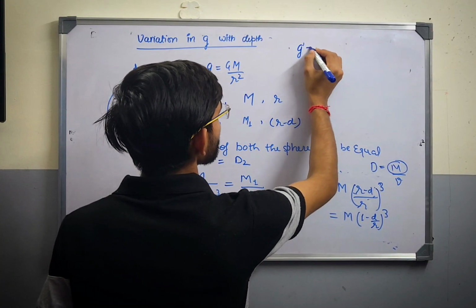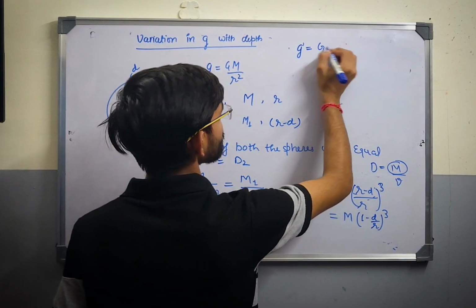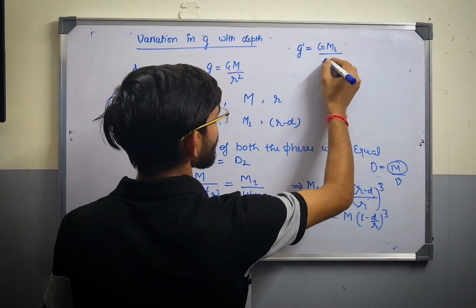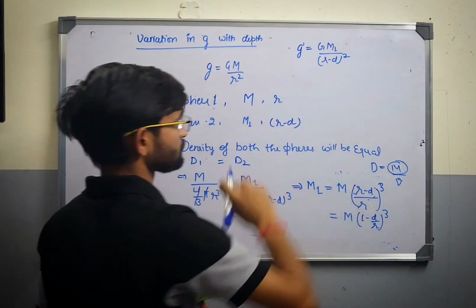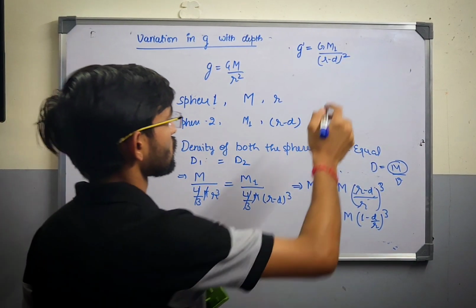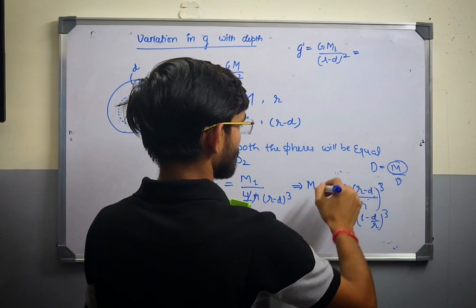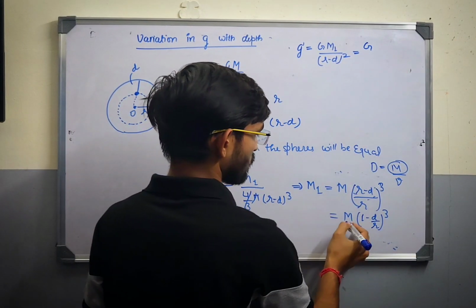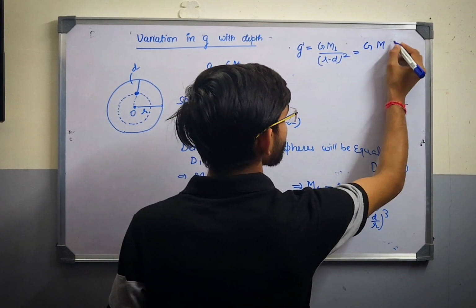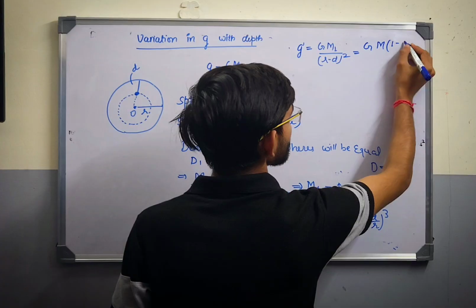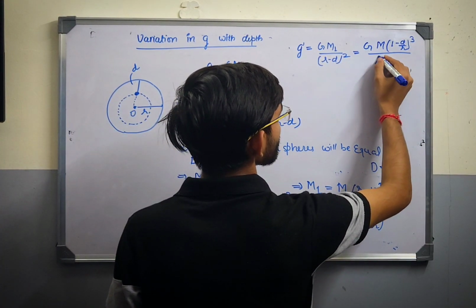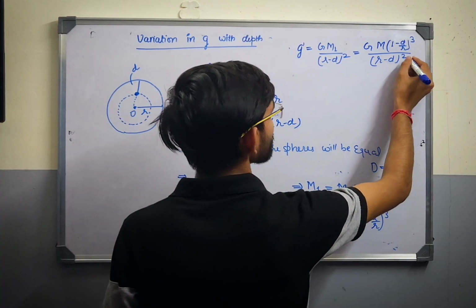For acceleration due to gravity, we write g equal to G m1 upon (r minus d) whole square, the mass of this sphere and the radius of this sphere. Now m1 we can write as M (1 minus d upon r) whole cube, so G M (1 minus d upon r) whole cube upon (r minus d) whole square.